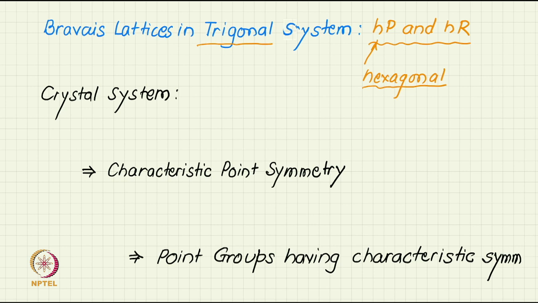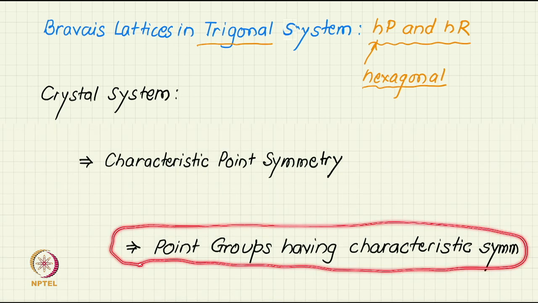If you think in terms of the 32 point groups, some of those point groups will have this characteristic symmetry. So, a crystal system can also be thought of as a classification of point groups having that characteristic symmetry.